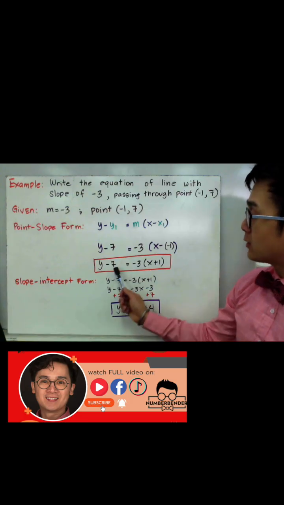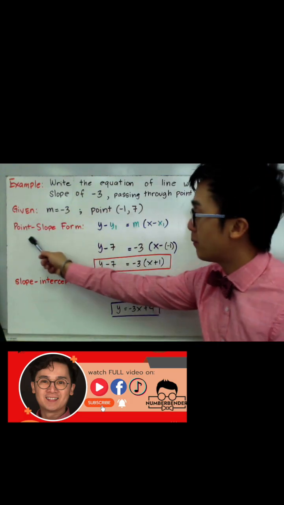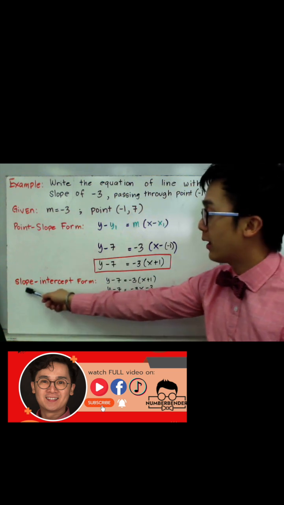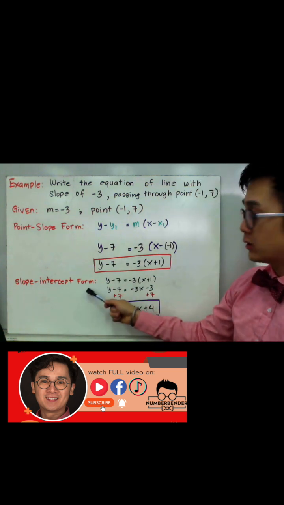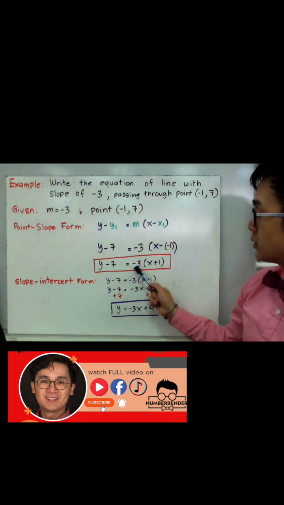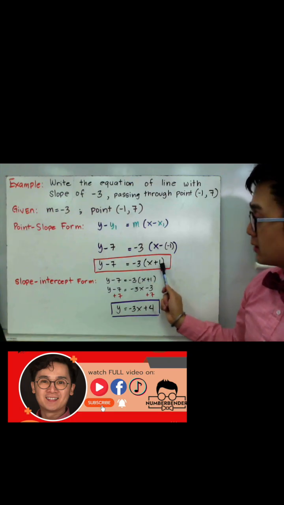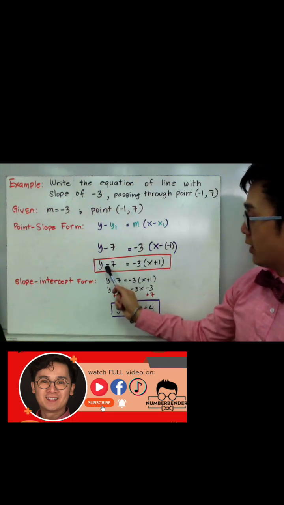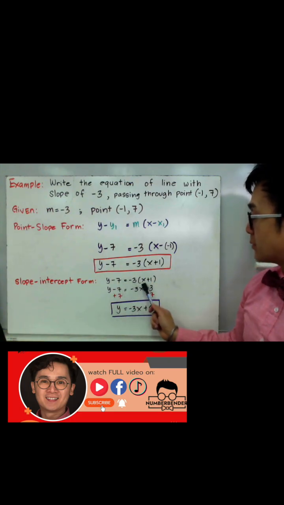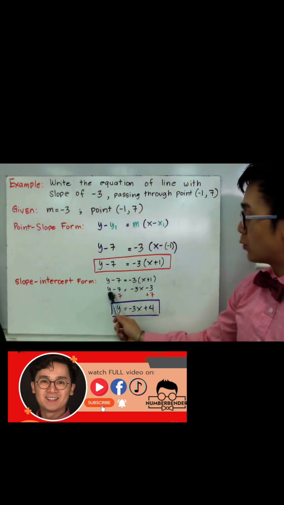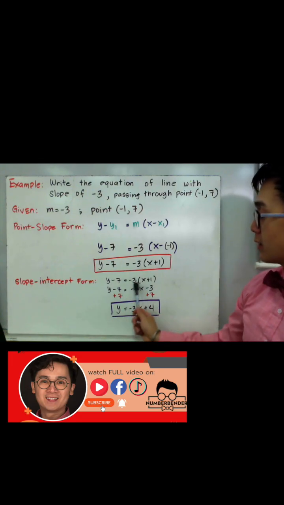Now, from the point-slope form, you can convert this particular form of the equation of a line into the slope-intercept form. To do that, all we need to do is to distribute -3 to the parentheses and have y by itself. So, -3(x + 1) will give us -3x - 3, leaving us with y - 7 equal to this expression.